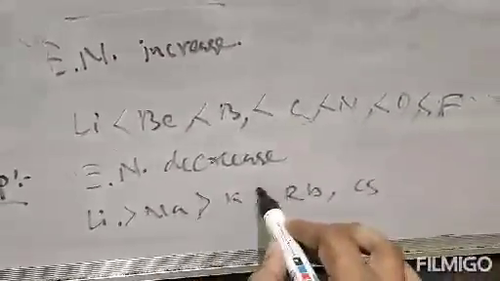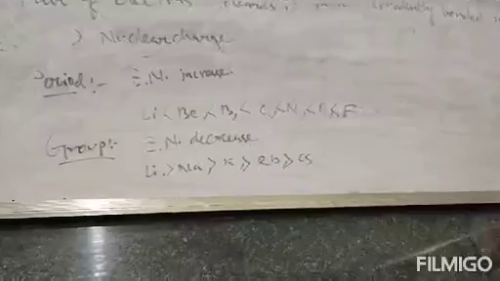Electronegativity decreases down the group, so the order will be this. Among these, lithium will be the most electronegative and cesium will be the least, because down the group electronegativity decreases.